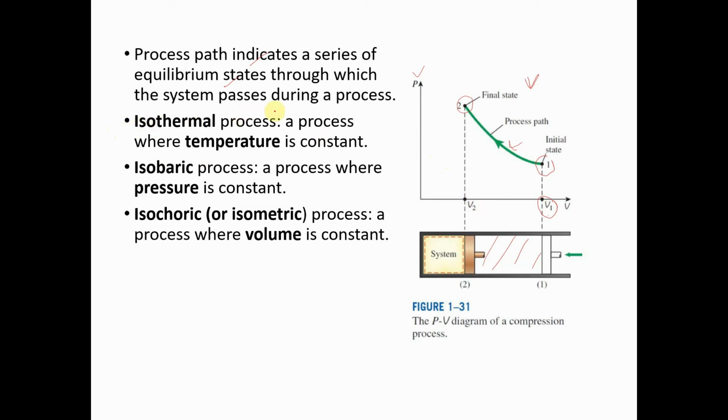For instance, if a process does not change in temperature, we call it isothermal. Isobaric refers to a process where pressure is constant, and an isochoric or isometric process is one where the volume is constant. So whenever you have a question or problem stating that it's an isothermal process, you know that the temperature is not changing during the process, or if the situation involves an isobaric process, we know that the pressure is constant.